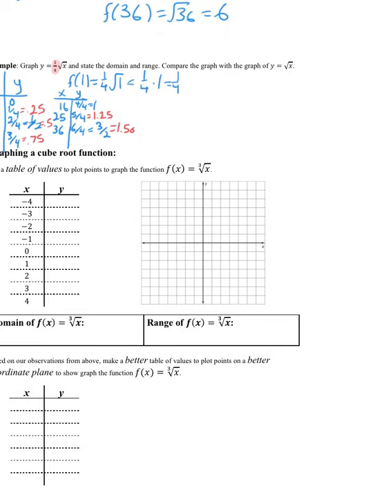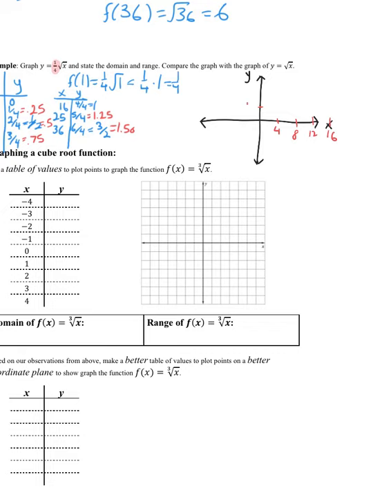If I were to sketch a quick graph of this, I can go ahead and scale the x's. So let's just say 4, 8, 12, 16. Not doing a great scale here.